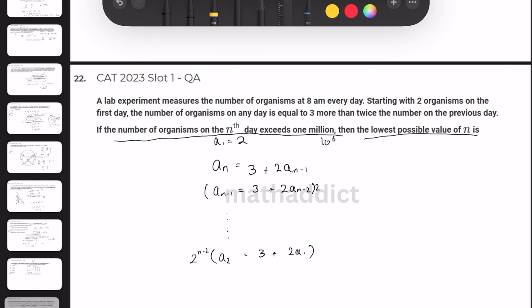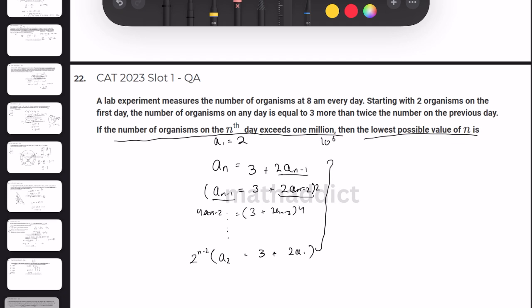And we'll add all these equations. So what will happen is, we have 2a_(n-1) here and 2a_(n-1) here, so these will get cancelled. We'll have 2 times 2a_(n-2) here, and the next would be 4a_(n-2), and these two would get cancelled.